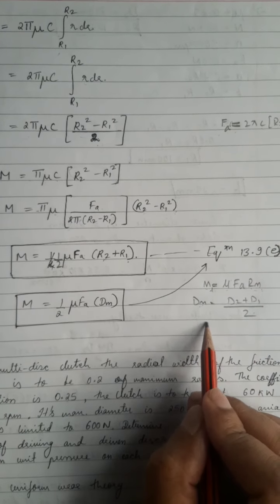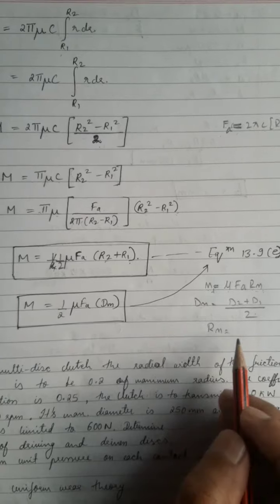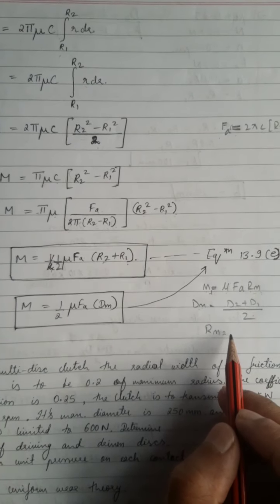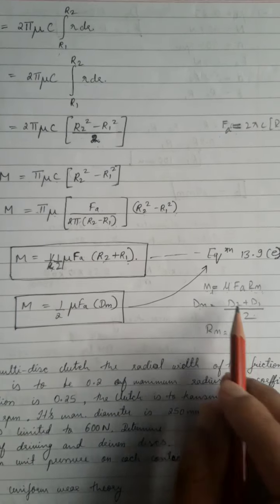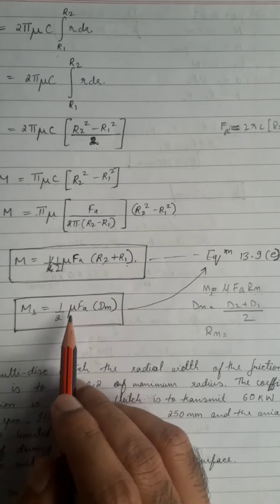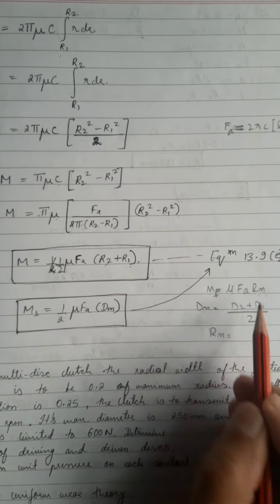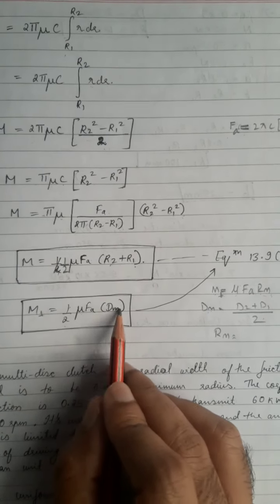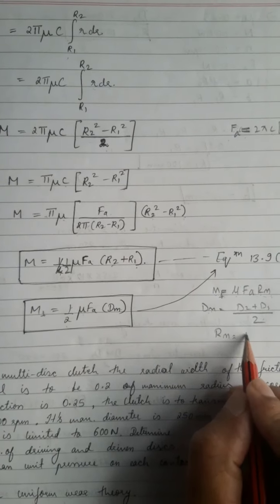Therefore we can write the torque Mt is equal to mu into Fa into Rm, and since Rm is equal to dm by 2, Rm is replaced with dm by 2. So Mt is equal to 1 by 2 mu into Fa into dm.